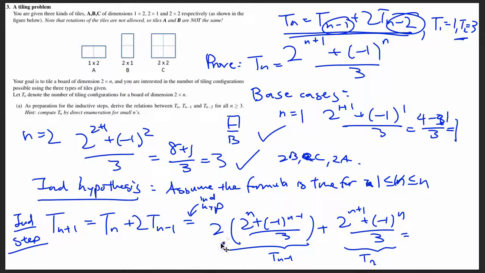And so you can see that this simplifies to 2 to the n plus 1 plus 2 times negative 1 to the n minus 1 plus 2 to the n plus 1 plus negative 1 to the n, over 3. And then let me clear out this work here. Alright, it's gone.